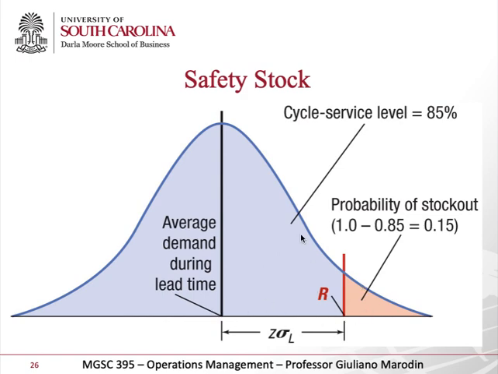And I'm covered for demand to be around here, here, here. I'll be good. And I need to add to the average demand during lead time z times the standard deviation. If you remember, this is the symbol of the standard deviation. We talked about that a little bit before when we talked about quality. And the z-score is actually how many standard deviations I need.